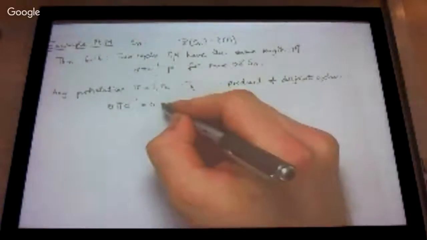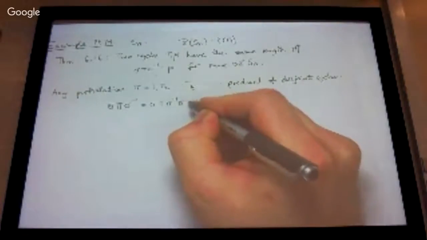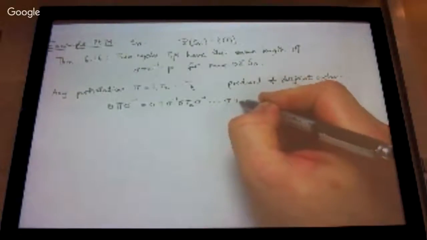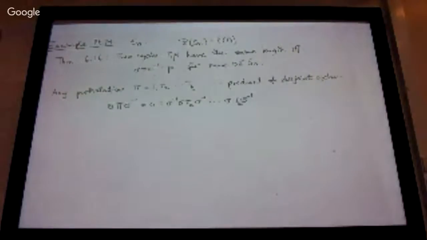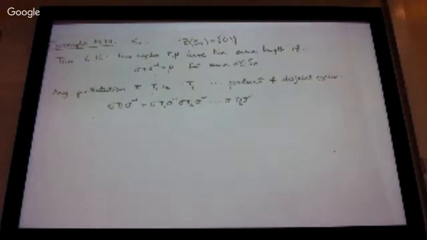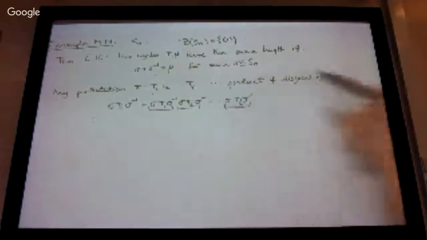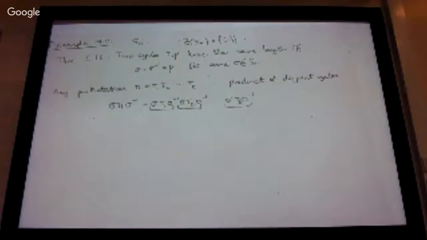Well, you can write it as sigma tau 1 sigma inverse, sigma tau 2 sigma inverse, and so on, up to sigma tau k sigma inverse. So these are going to be disjoint cycles again, of the same lengths as the ones before.